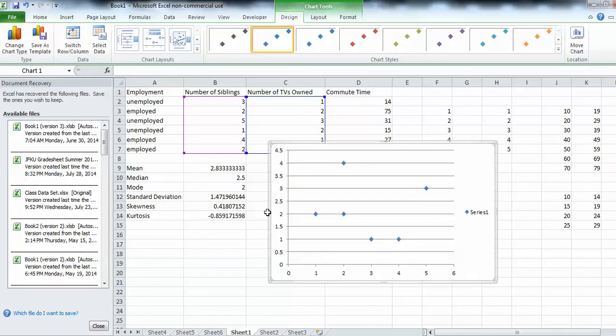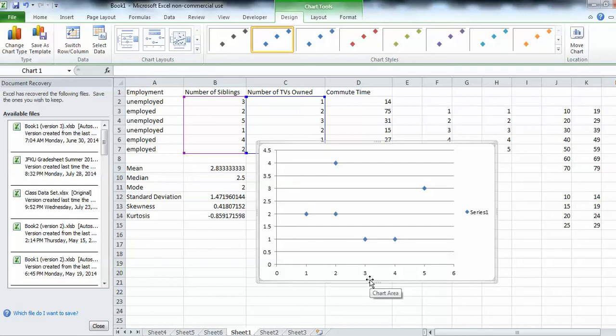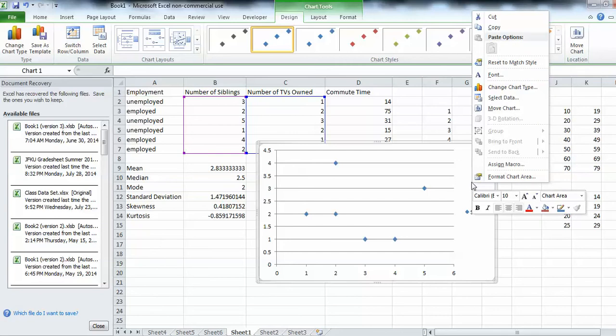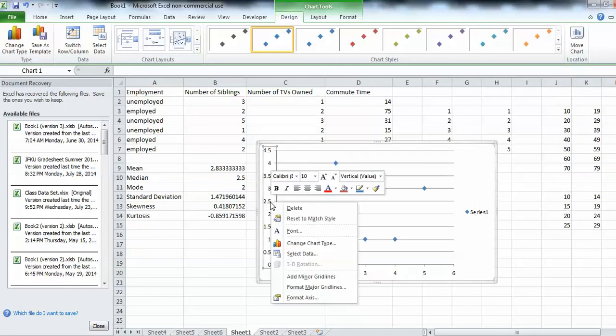I'm not going to have you label the X and Y axis because I don't actually see a place to put those labels. So this would be fine. Actually, what can you do with this? Format axis.